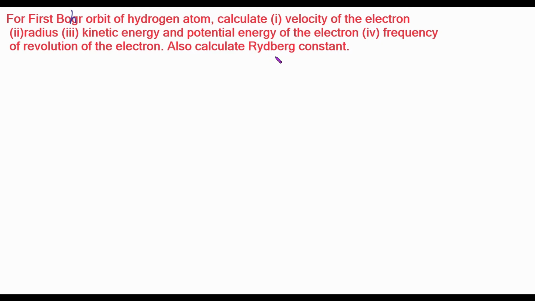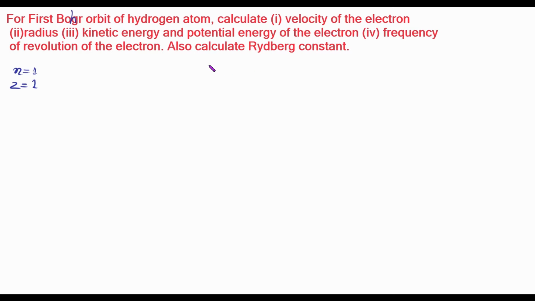First thing is the velocity of the electron, and the data given is the type of atom and the number of the orbit. The only thing which they have given is n is equal to 1 and the type of atom, which means Z is equal to 1. This is the data which is given. Now you need to calculate the velocity of the electron, radius, kinetic and potential energies and the frequency along with the Rydberg constant.